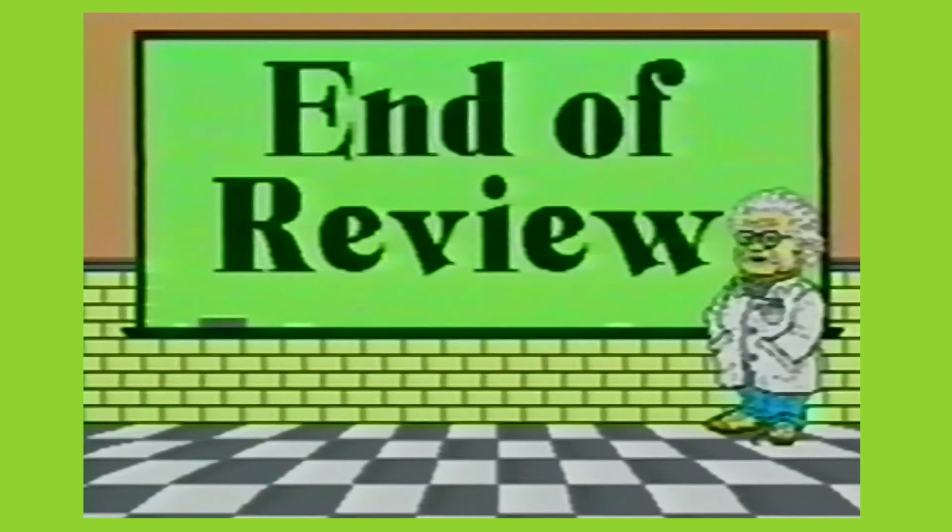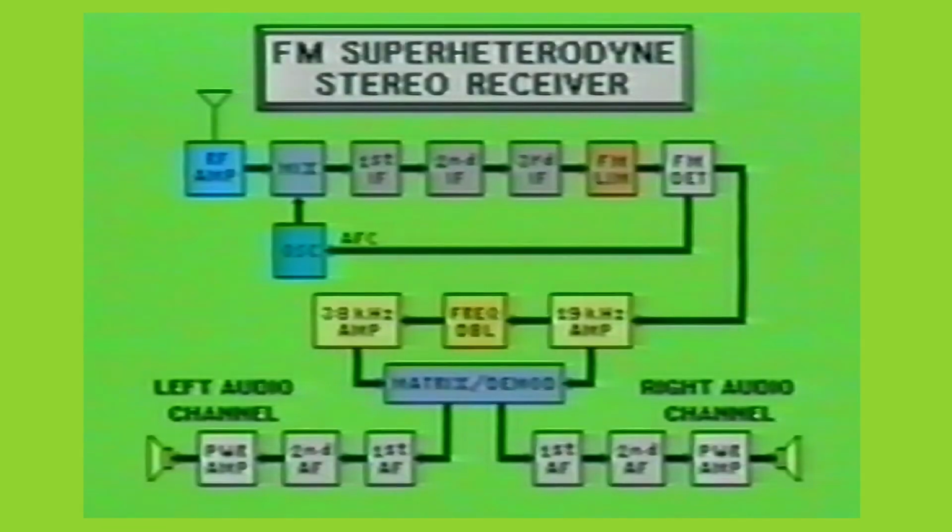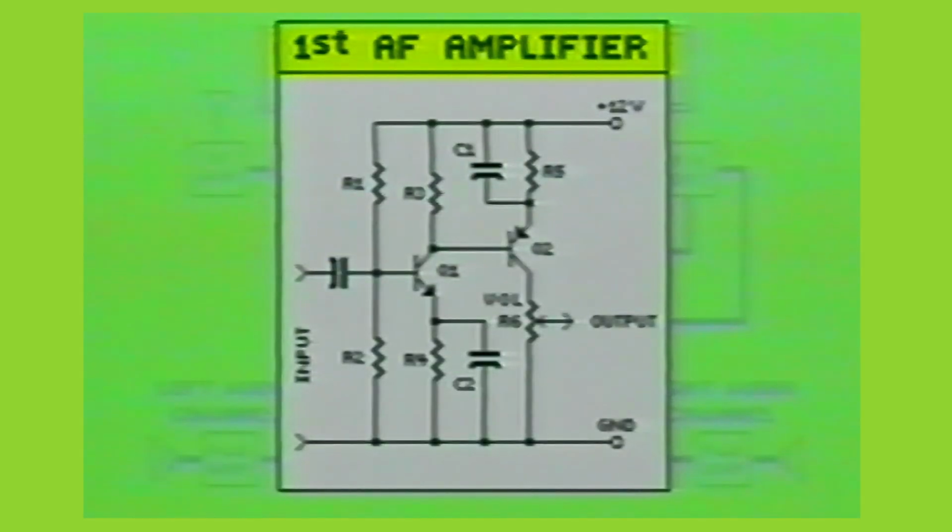The last portions of the FM superheterodyne receiver are the audio frequency amplifier stages. As mentioned in FM Part 1, these audio amplifier stages are identical in each left and right channel. The first audio frequency stage of this FM receiver is capacitively coupled to its respective output channel from the matrix decoder or biplex detector.